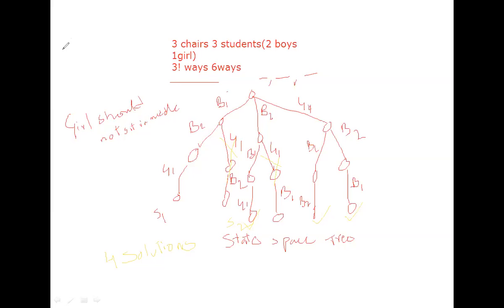One is explicit constraint and the second one is implicit constraint.